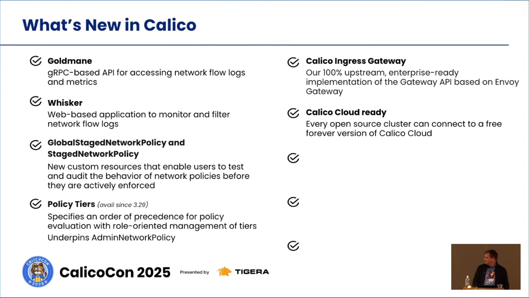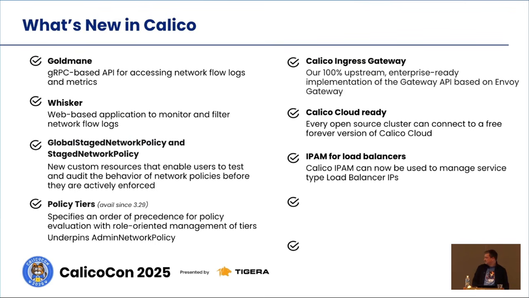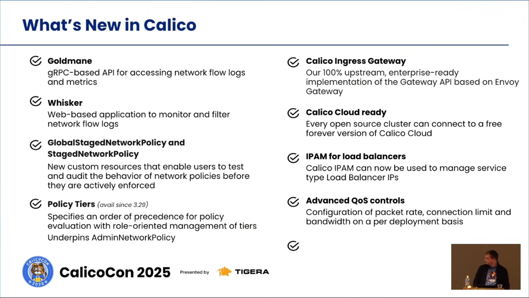As I mentioned before, open source clusters can now be connected, if you feel like it, to our Calico Cloud Free Forever tier, and I'm really excited to show a demo of that in a while. We also have some interesting features that may be even more relevant for you than the previous ones. We've introduced IP address management for load balancer IP service types.